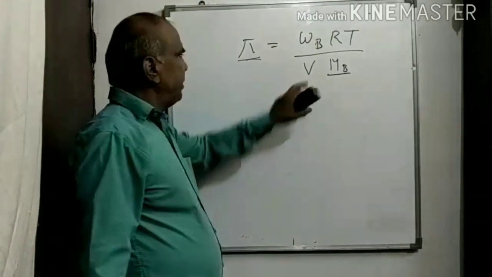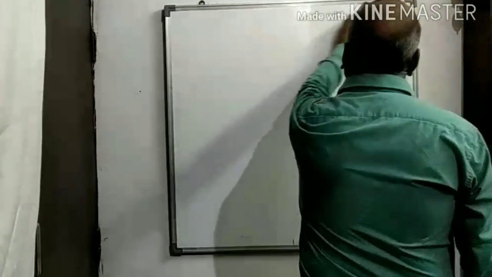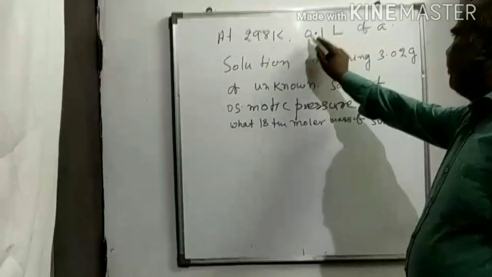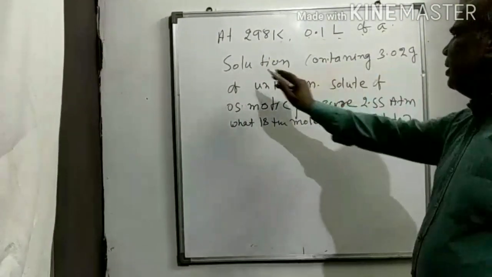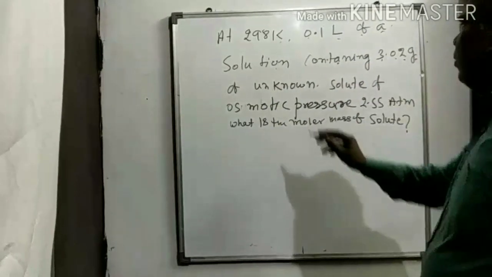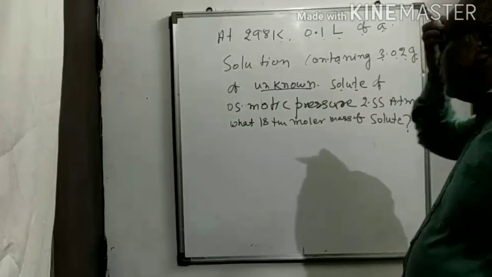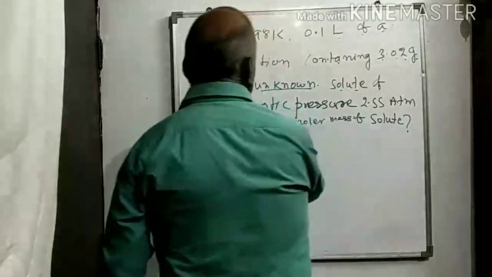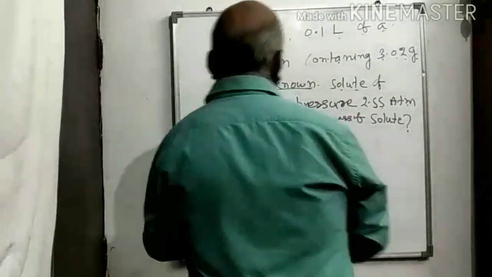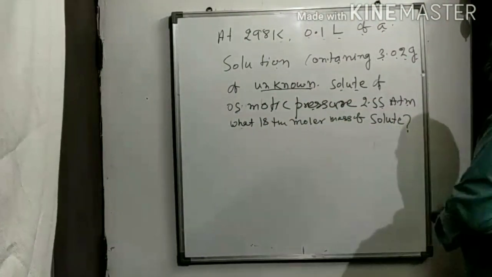Write down the formula now. Question: at 298 Kelvin, 0.1 liter of a solution containing 3.02 gram of unknown solute has osmotic pressure 2.55 atm. Now, what is the molar mass of the solute?